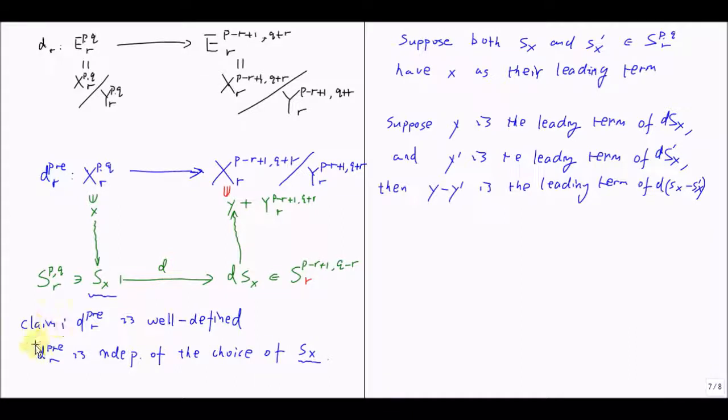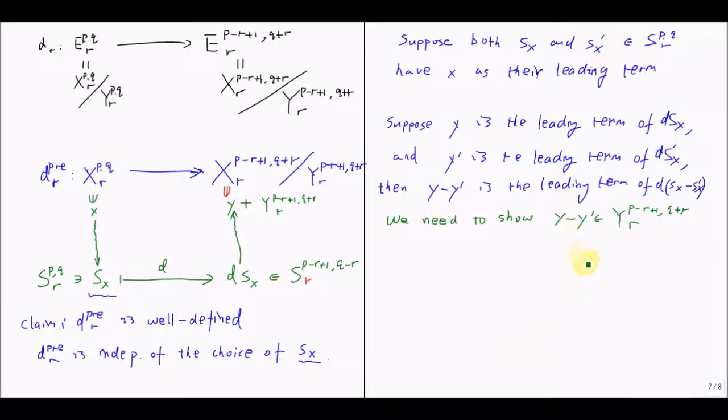To prove that d pre sub r is independent of the choice of s_x, we must show that y and y prime are in the same equivalence class. In other words, the difference y minus y prime must live in this. So we need to show that y minus y prime is an element of Y^{p-r+1,q+r}_r.